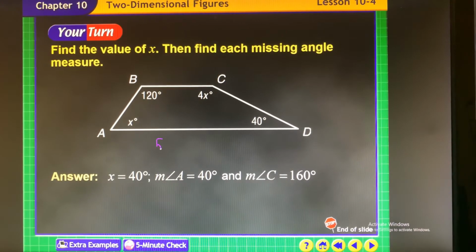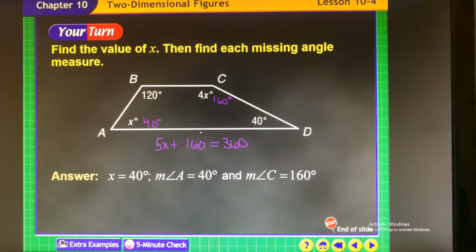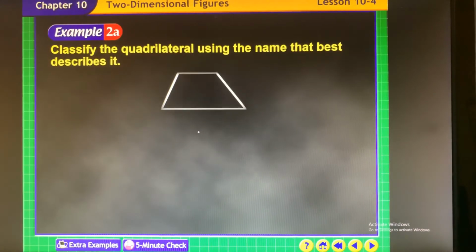So I would have 5x plus 160 equals 360. And I'm going to go ahead and solve that two-step equation. Find out what x is. So here I have your 40 degrees. Substitute 40 times 4, and you have your 160 degrees here. And you can pay attention to it too. You can see this is obtuse and this is acute. So you kind of know you did it right when you look at that.